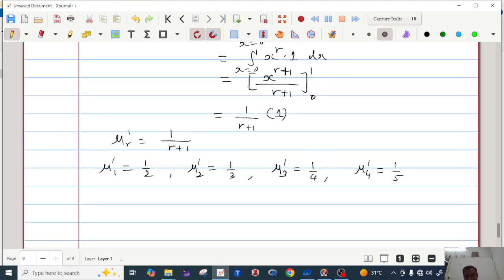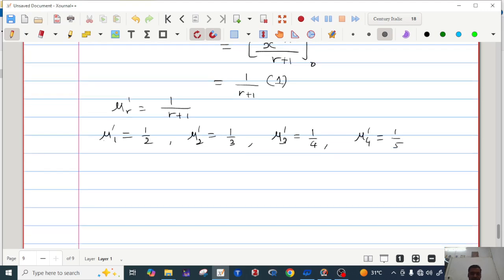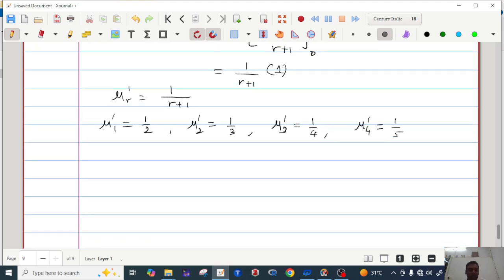सेंट्रल मोमेंट्स पण आपण काढून घेऊयात. सेंट्रल मोमेंट हे फॉर्म्युला यूज करून या ठिकाणी काढू शकतो. सेंट्रल मोमेंटचा फॉर्म्युला जर आपण या ठिकाणी बघितलं, that denoted by mu r is expectation of x minus mu raised to r. मीन काय मिळालं आपल्याला? मीन इज 1/2.